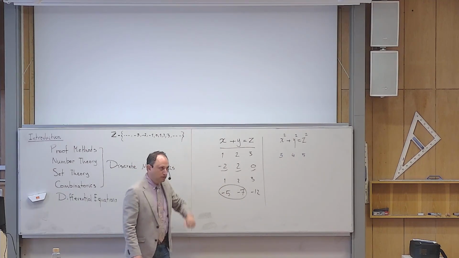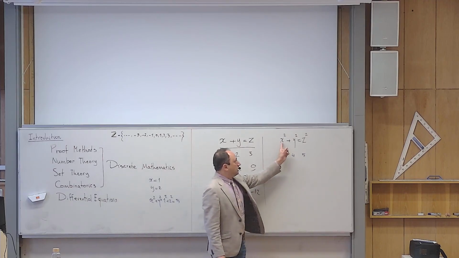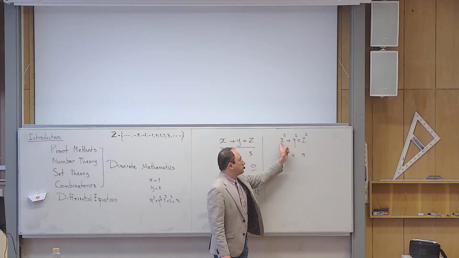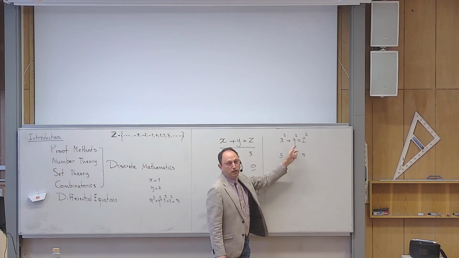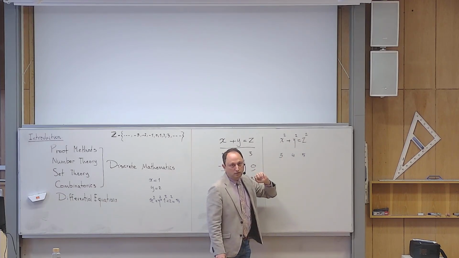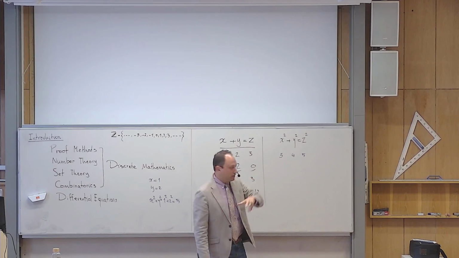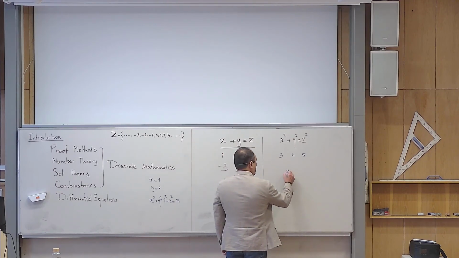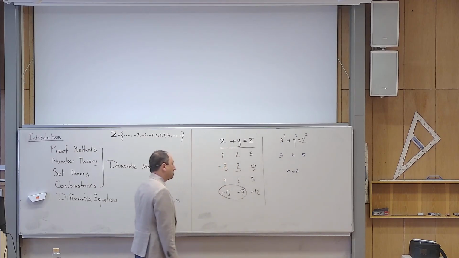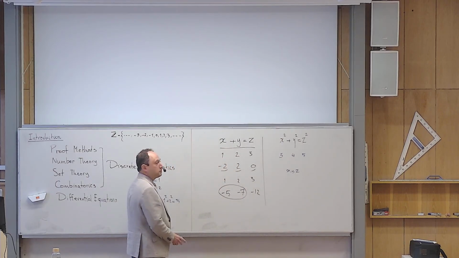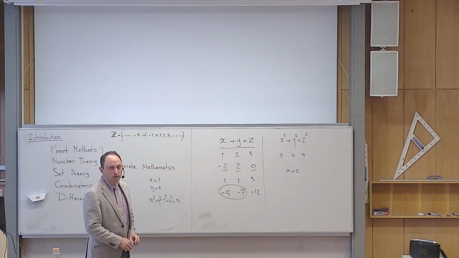Okay? But let me rephrase my question. How many triples can you find if I don't have this limitation that these numbers should be integers? These numbers could be any numbers. If x, y, and z are any numbers, then how many triples do you expect here? Infinitely many.